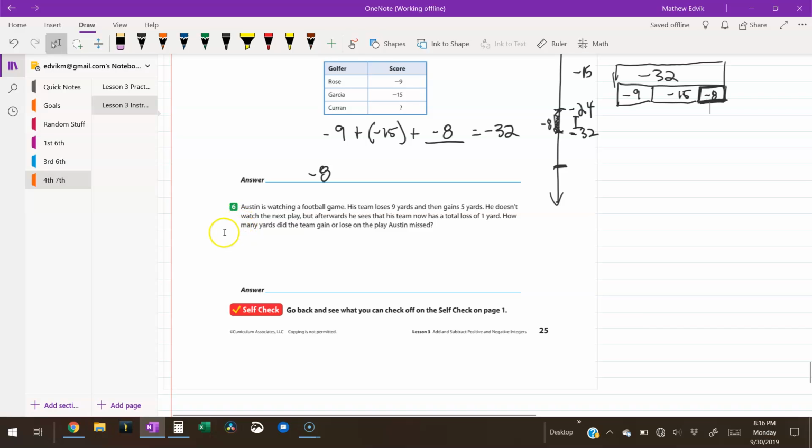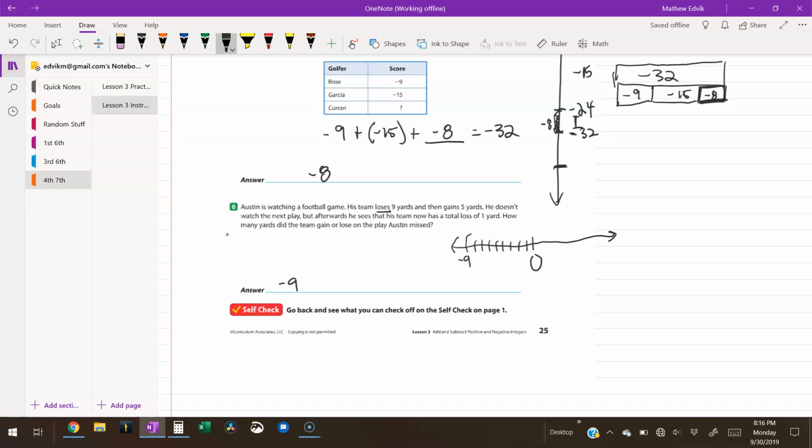All right, so if we're here, we've got 0, and he loses 9 yards. So that's 1, 2, 3, 4, 5, 6, 7, 8, 9. These numbers are small enough that it's easier to write them all on a number line. We're going to start our expression with negative 9 because he loses 9 yards.